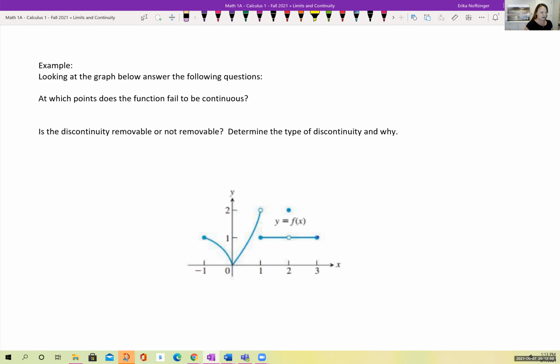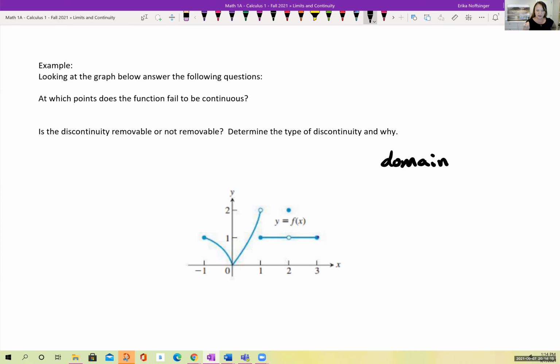So looking at the graph below, answer the following question. At which points does a function fail to be continuous? Okay, so first of all, I can see what my domain is, and you should be able to tell what your domain is. You should be able to find the domain given an equation, and you should be able to find the domain looking at a graph.